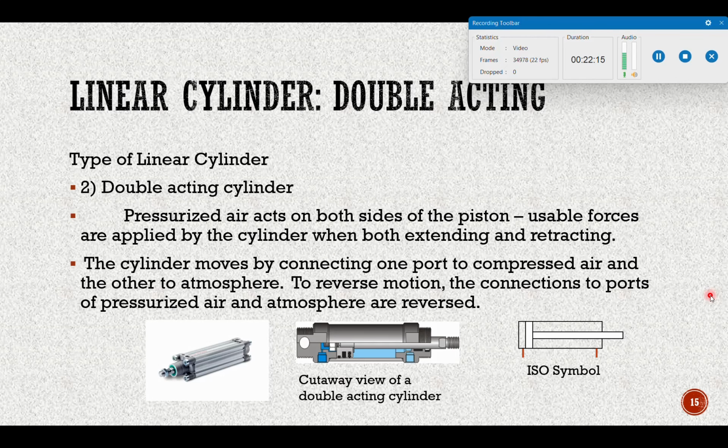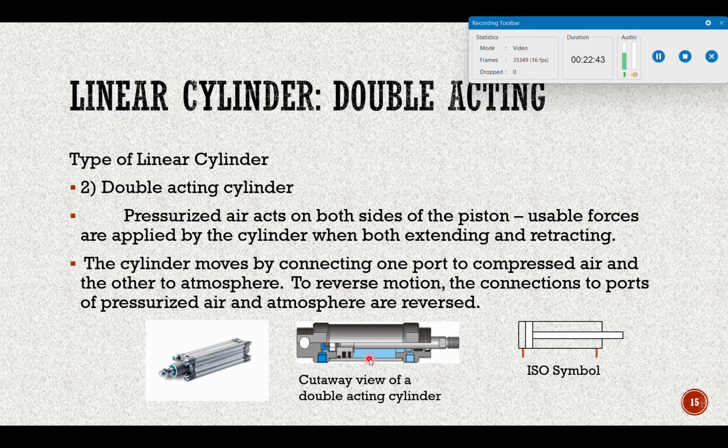And now we can look into the second linear cylinder, which is a double acting cylinder. Pressurized air acts on both sides. So you have two ports that use pressurized air to act on both sides of the piston. So there will be usable force applied by the cylinder when both extending and retracting.